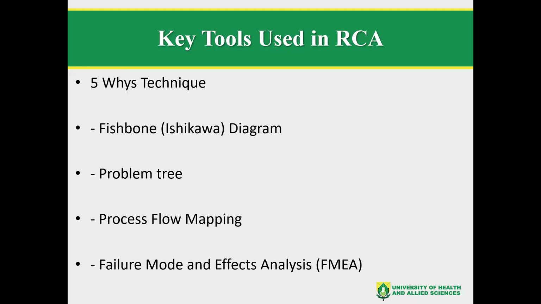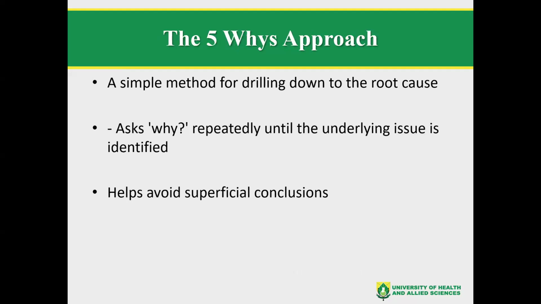Then there's also the problem tree, which can be used. It's also one of the tools in root cause analysis, along with process flow mapping and failure mode and effect analysis. These are different tools that can be used in performing a root cause analysis.